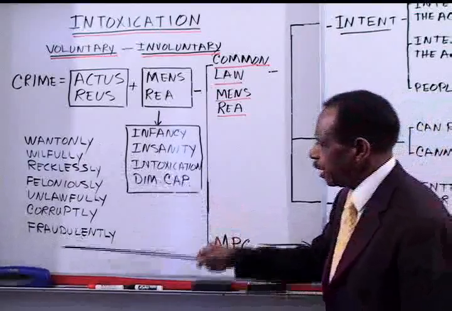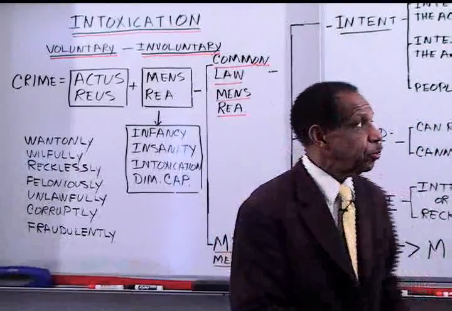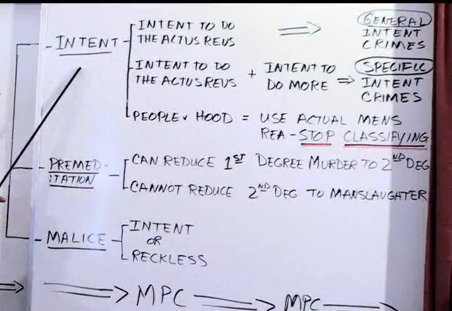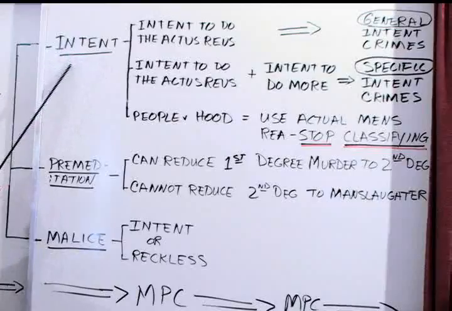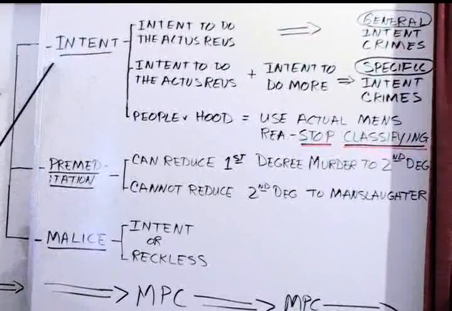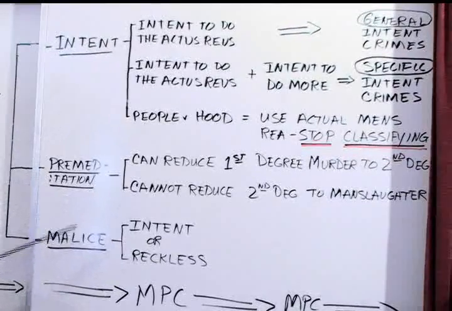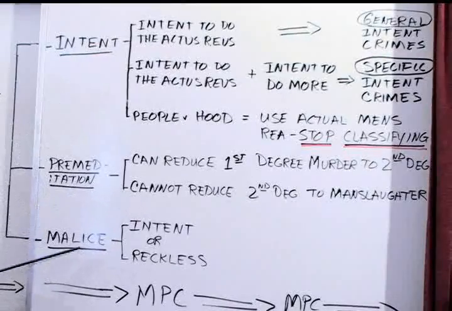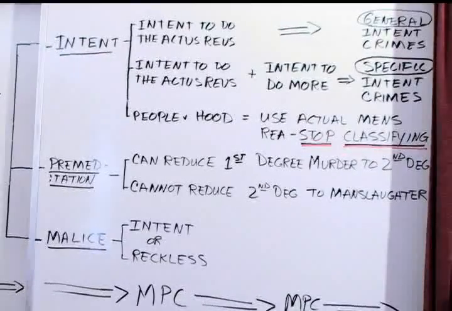However, these can be reduced to the three which I have shown here. Those states of mind are always some combination of these: intent, premeditation, or malice. For example, we say wantonly.